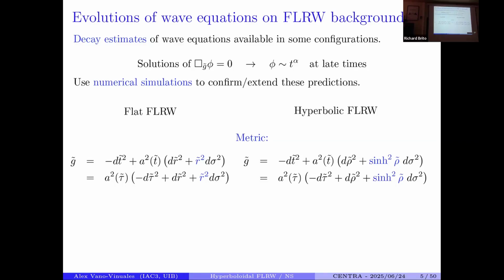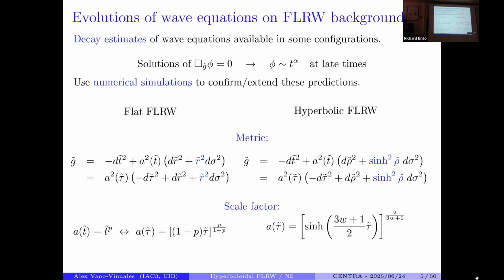This is for the flat case, where we just have an r squared here, and for the hyperbolic case, where there is sort of more space, in a way you can visualize. Here we have the sinh of the radial coordinate. The scale factor is in fact given by a simple function of physical time, but for numerical purposes it was more convenient for us to evolve in conformal time, because for a shorter conformal time we could reach a longer physical time, and that was more efficient and simpler.